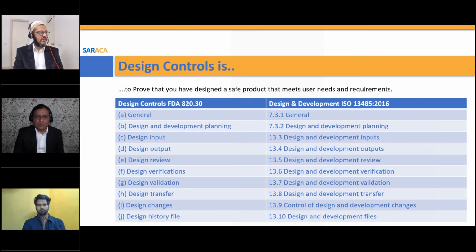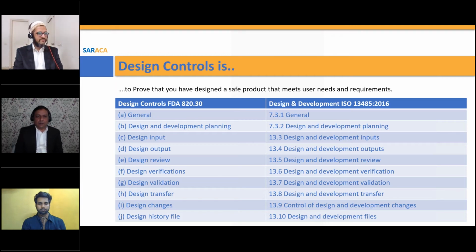For example, starting with design and development planning, like we discussed, design input, output, then reviews, what kind of reviews at what stage you want to do, verification, then validation, then design transfer, and changes. If you have some changes in your design at any stage, then what process has to be followed to incorporate that change into your design, and at what stage you have that change, is also defined in these clauses.